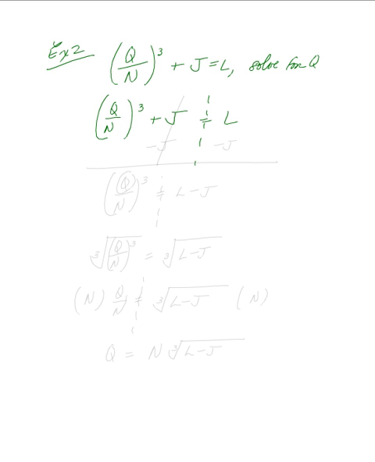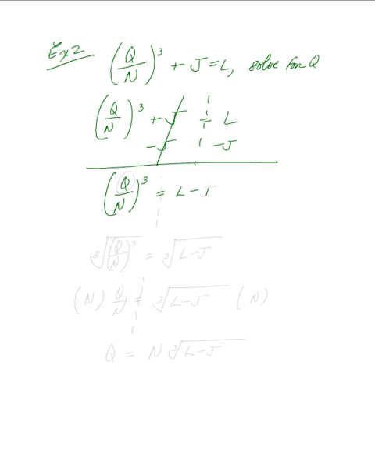And then on the same side as Q, what's the thing furthest away? It's the j. What's j doing? It's being added. So what do I have to do? Subtract it. But what I do to one side, I have to do the other, so I subtract it from both sides.